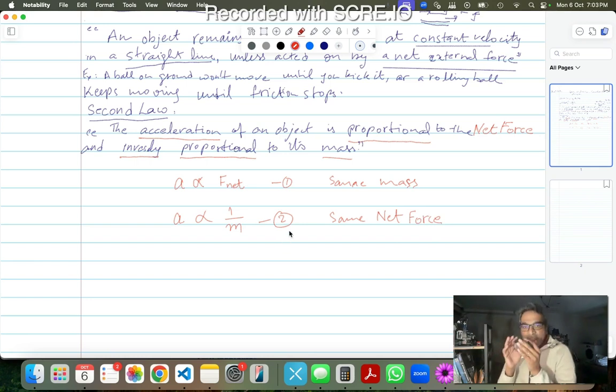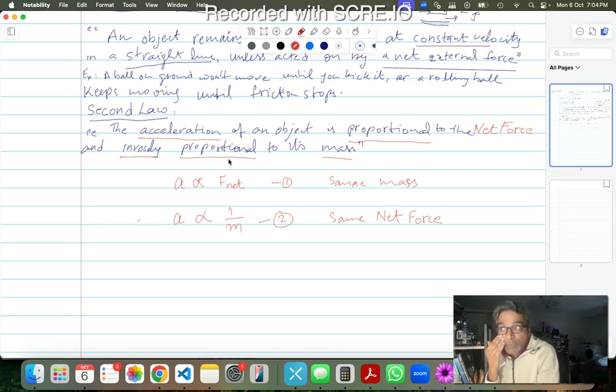For example, if there is a lighter ball, I put the same force, and there is a heavier ball which I throw with the same force. Who will go further? The lighter one, because it gets more acceleration. So the less the mass, the more the acceleration. That is what is meant by inversely proportional.